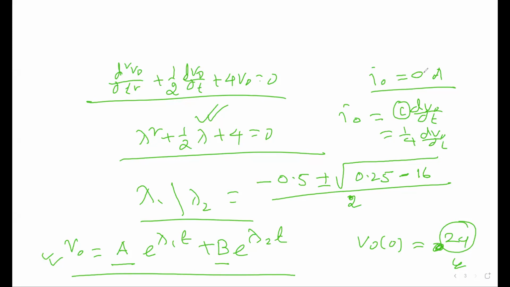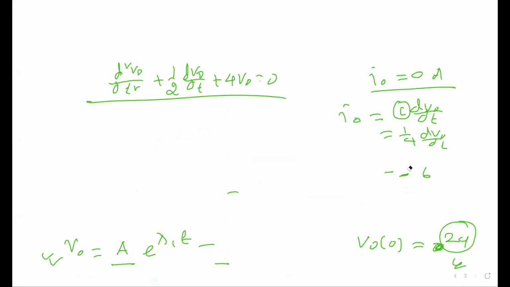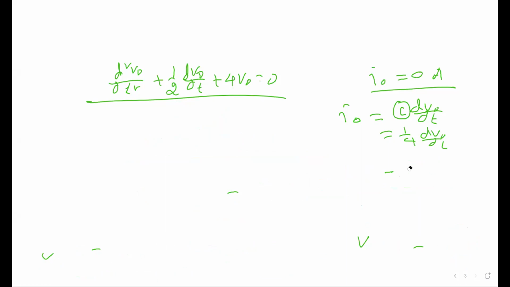But if you want to go to the numerical solution, then a second order equation cannot be handled so easily. What you need to do, you have to convert the equation into two first order equations, isn't it? Yes, sir.